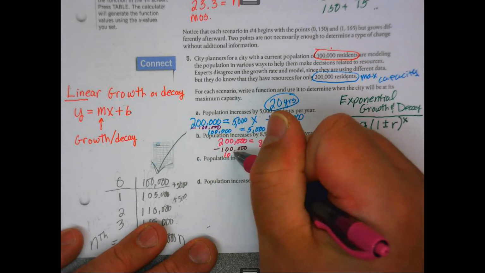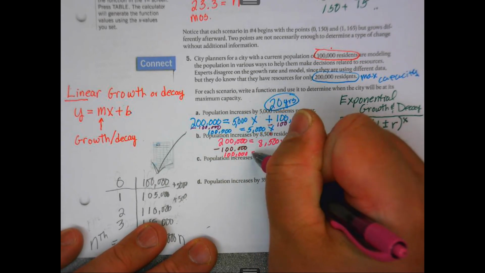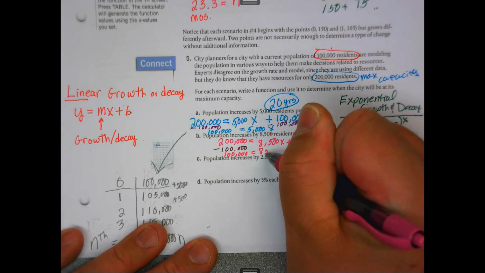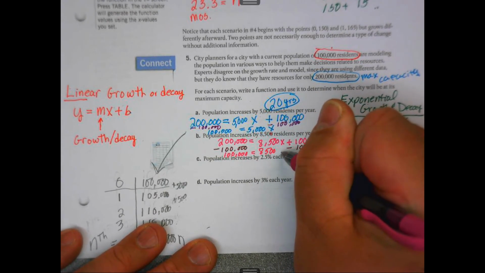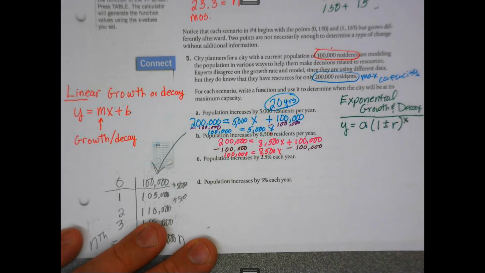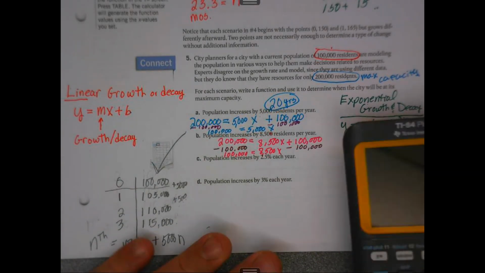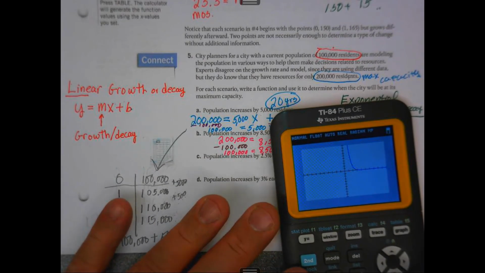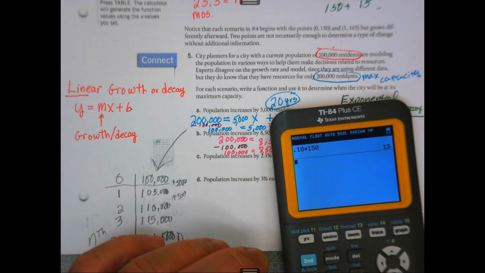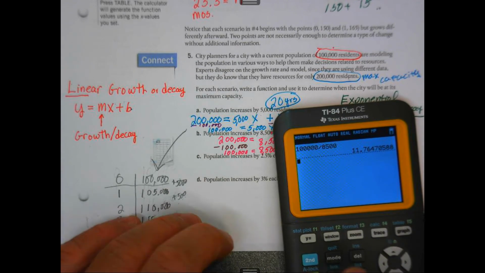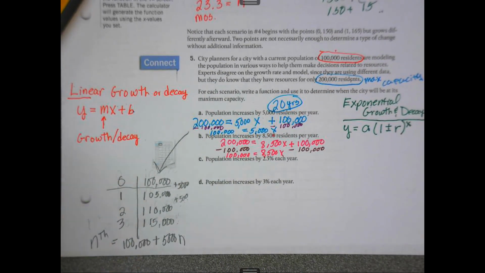I get 100,000 equals 8,500x, and divide both sides by 8,500. And I don't know what 100,000 divided by 8,500 is. About 11 3/4 of a year.